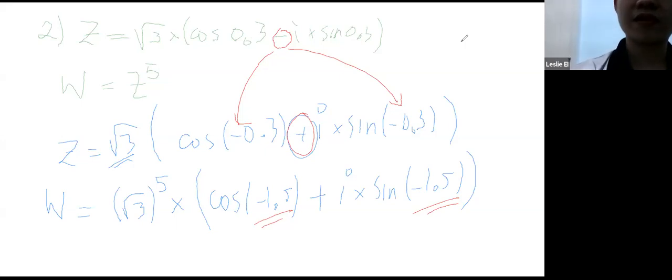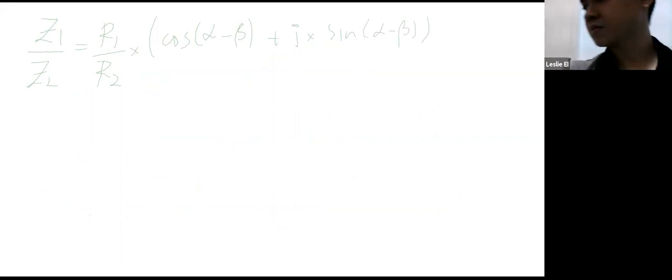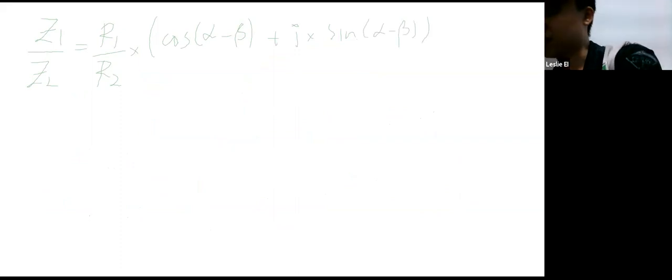So the rule is, if it's division, you just divide the r, and then for the angle, it becomes a subtraction. Any questions you want to ask until here?